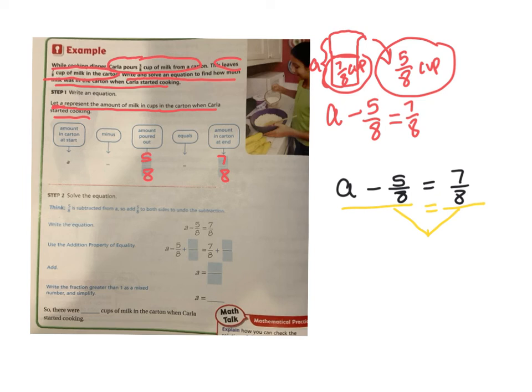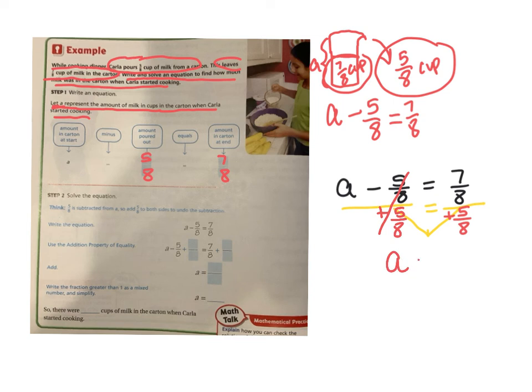And my goal is to isolate the variable, get him all by himself. Well, minus 5/8 is happening here. So what's the inverse of minus 5/8 to get it to go away? It's add 5/8. And I'm allowed to do that as long as I do the same thing to the other side of the equation. Now this minus 5/8 and plus 5/8 cancels each other out to 0.